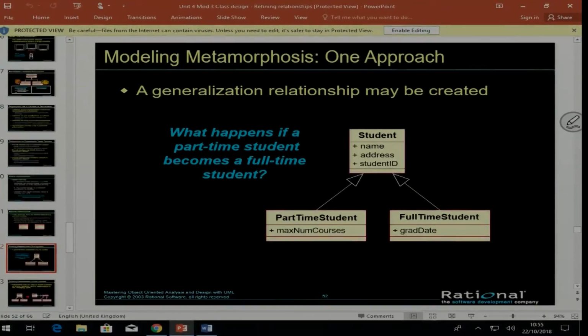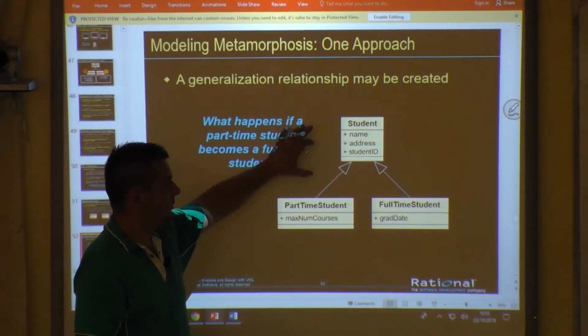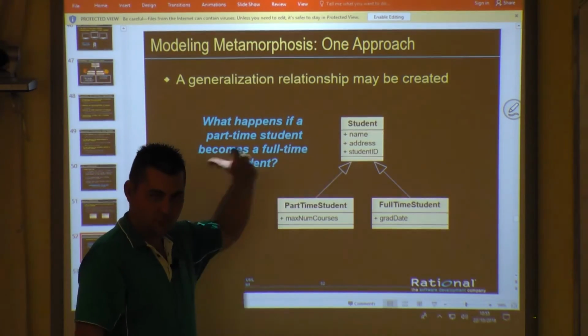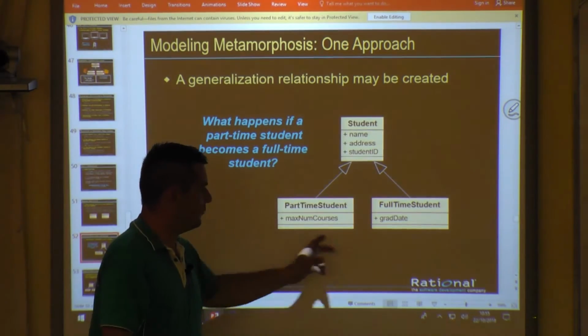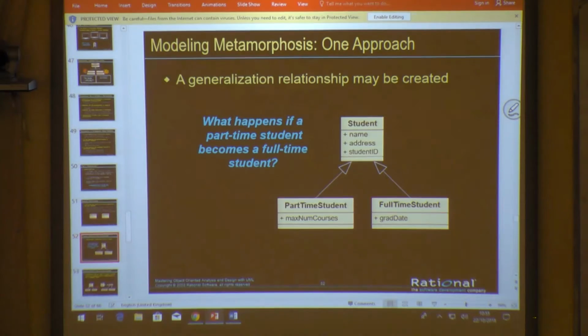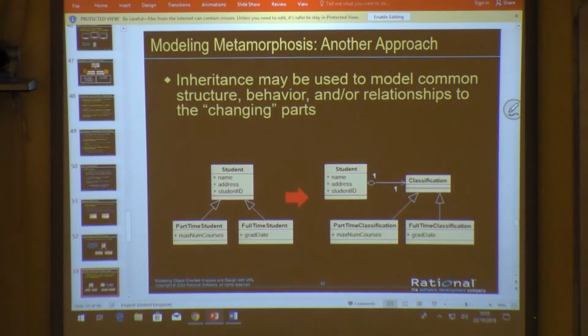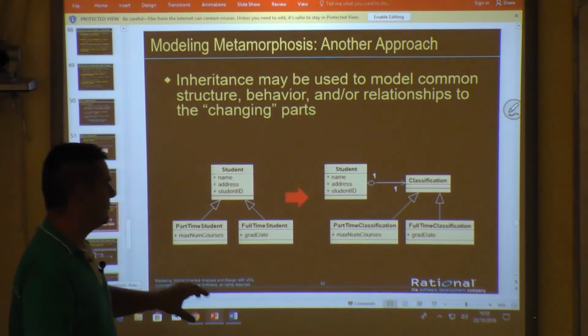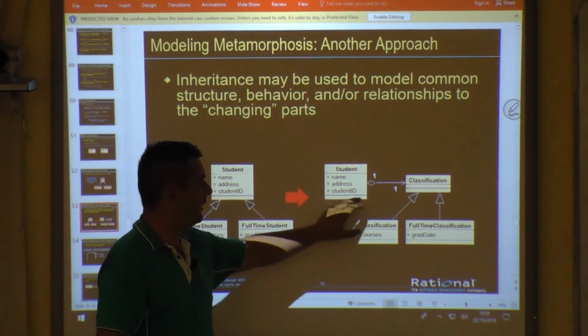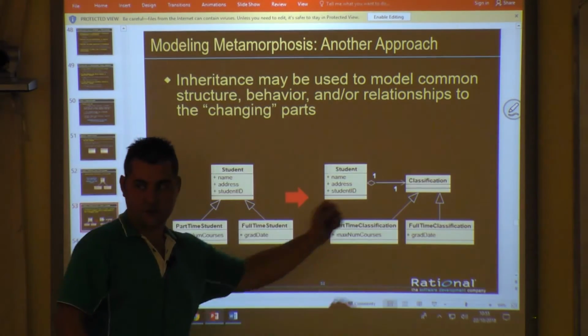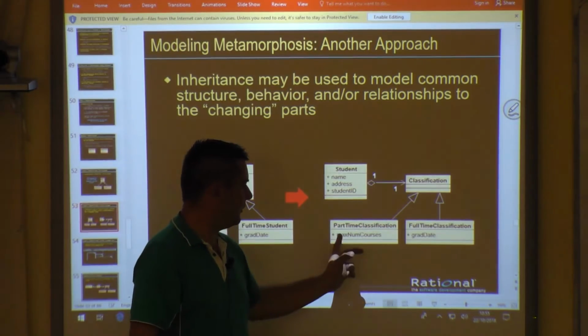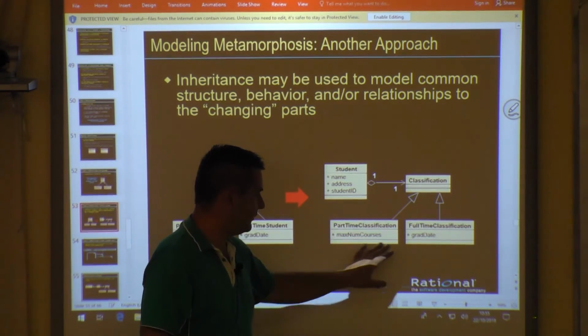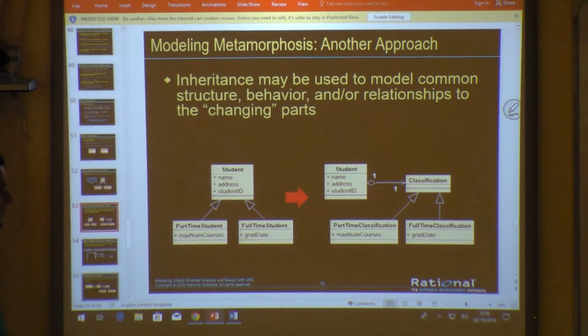So in essence, it means that we can create a generalization structure where the common attributes are placed in the parent, and the unique ones are placed in the appropriate unique children classes. Another approach to doing this is to possibly have the student and then create a relationship to classification, and from classification we can say this student can be a part-time one or a full-time student. So that's another way of modeling this.